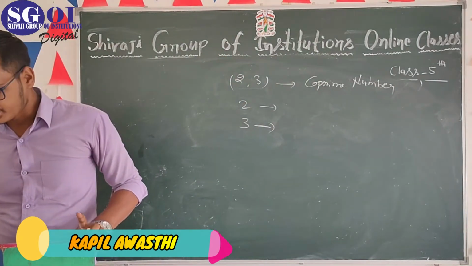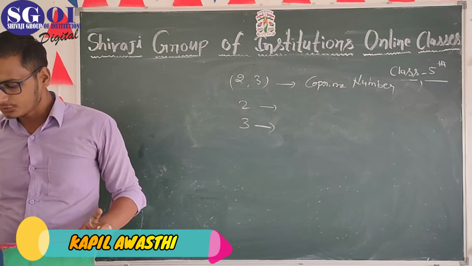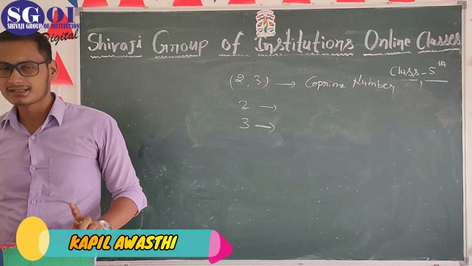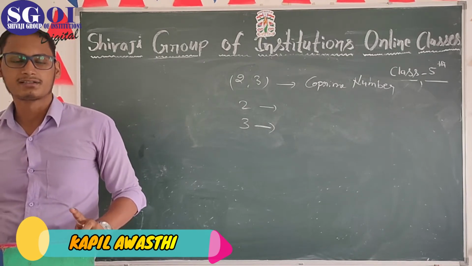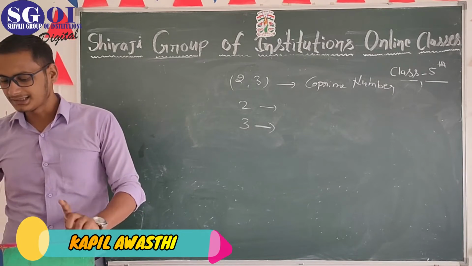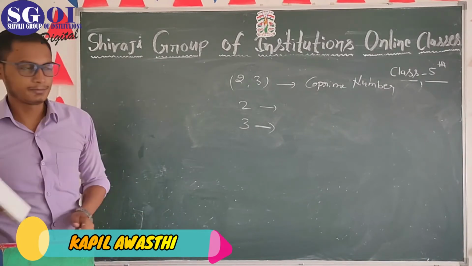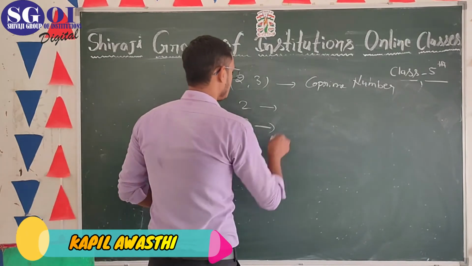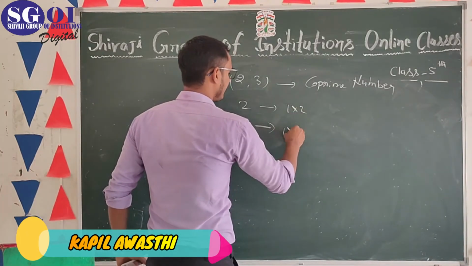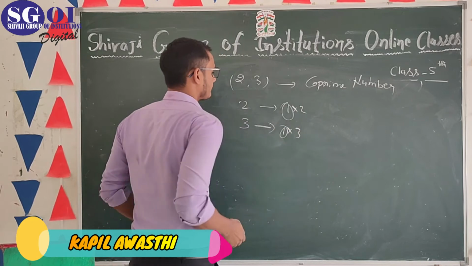The only condition for two numbers to be co-prime is that there is not even a single number other than 1 which can divide both of them.